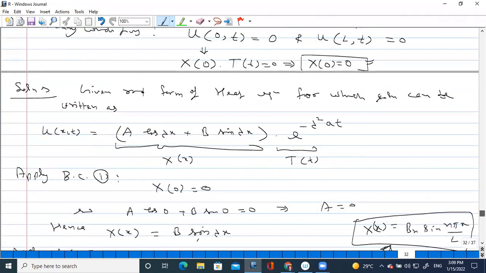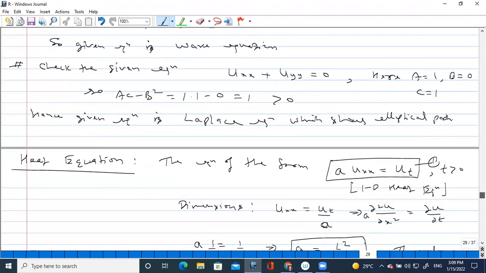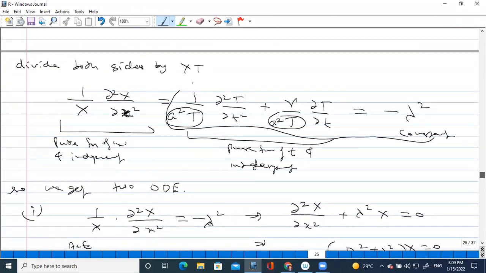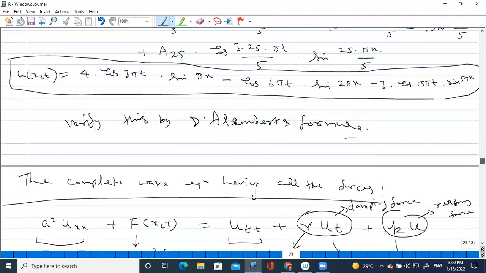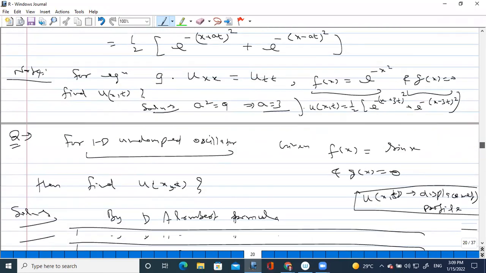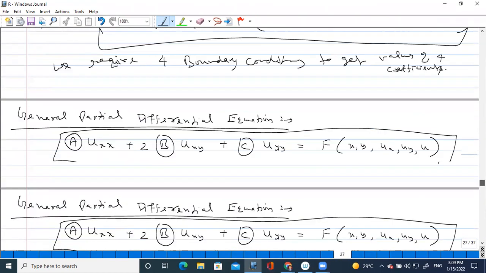Yes. This was the D'Alembert formula, no? So this is only for the wave equation.